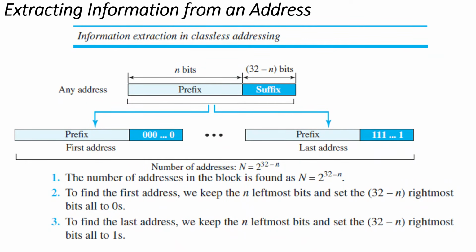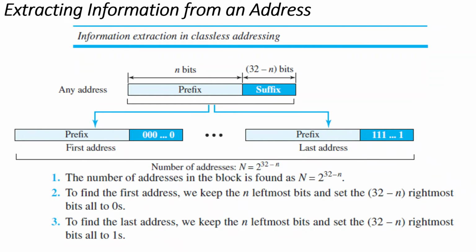To find the first address, we keep the n leftmost bits and set the 32 minus n rightmost bits all to 0. So for a given IPv4 address with /n notation, students are requested to find the first address. You know the n value, that is the prefix length.